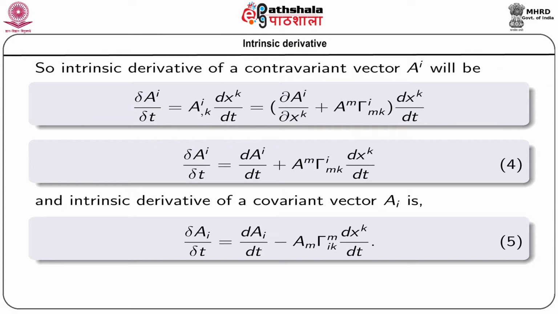So, we can see that for a contravariant vector a plus sign comes, but for the covariant vector a minus sign comes.